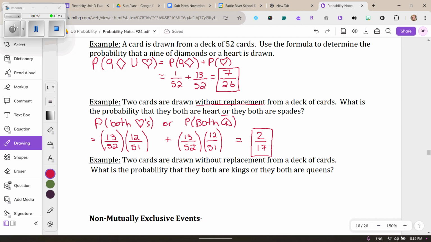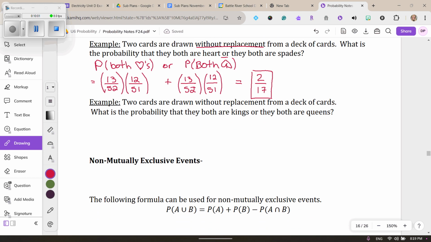Next example before we move on to non-mutually exclusive events. Two cards are drawn without replacement from a deck of cards, what is the probability that they are both kings or both queens? So we are looking for the probability that we get a king and a king, so both kings, or the probability that they are both queens.